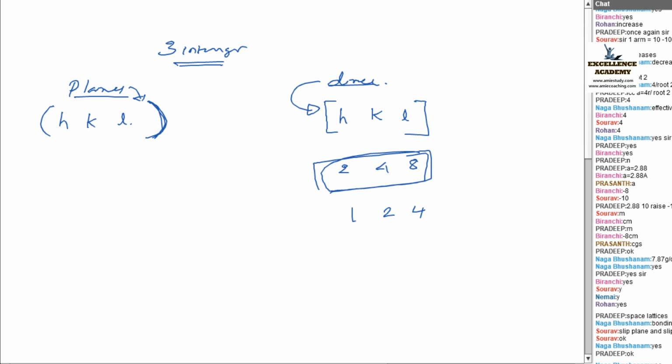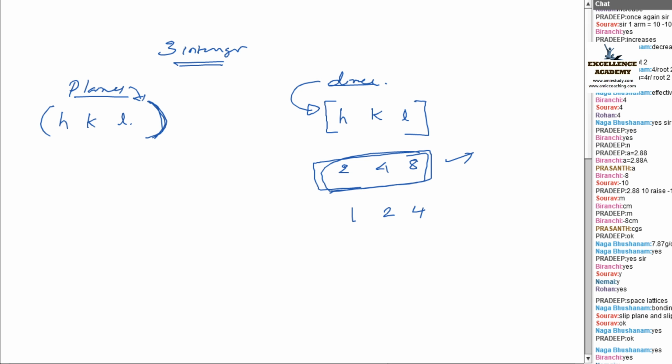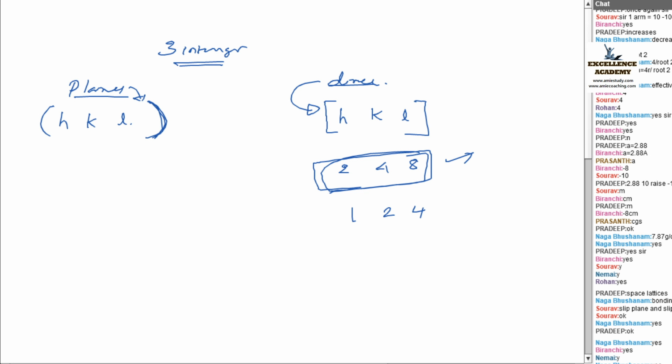If a higher value is there, you can simplify it by dividing it with a common factor. Got it? By means of 2 you have to divide. Is it clear to all? Can all of you follow me? 2, 4, 8 can be reduced to 1, 2, 4.